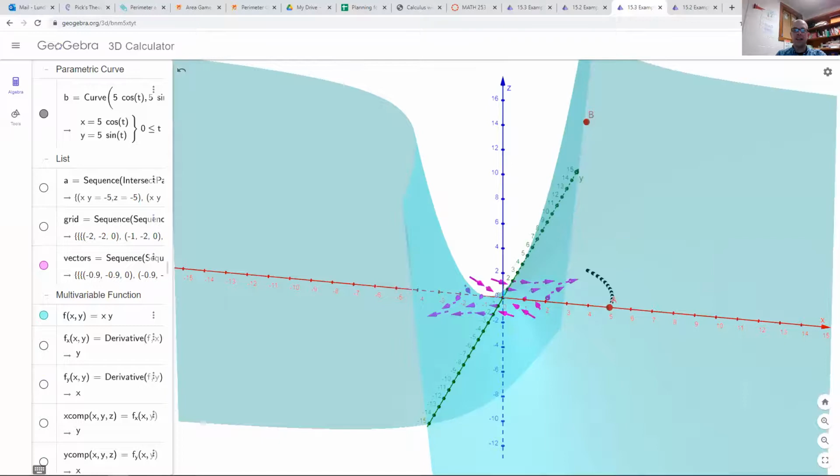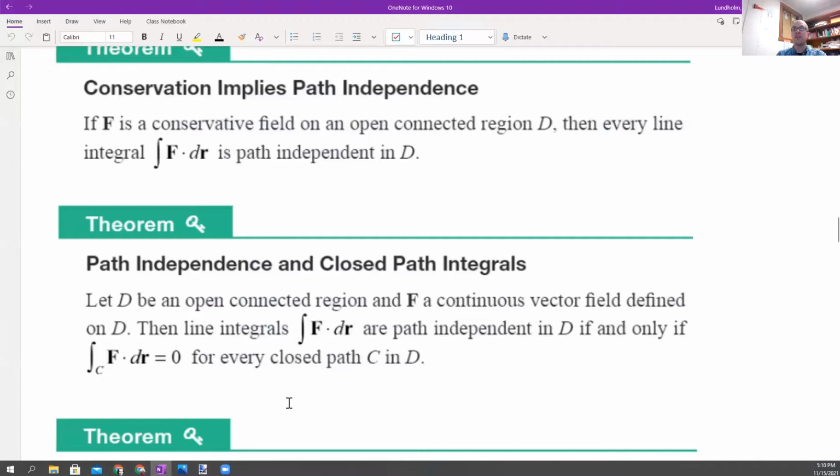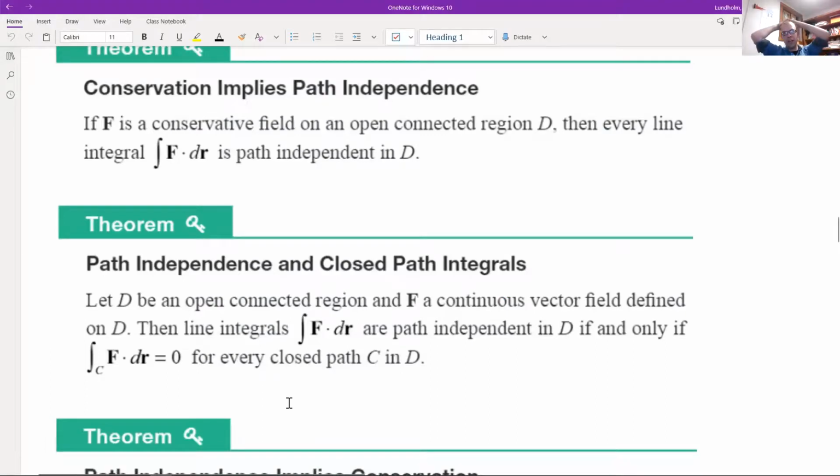And this is important physically because there are lots of force fields in our world that are, I don't know, conservative. Conservative meaning that while the force field might be able to do work, you wouldn't be able to make, what's the word for it, like an infinite energy machine out of it.